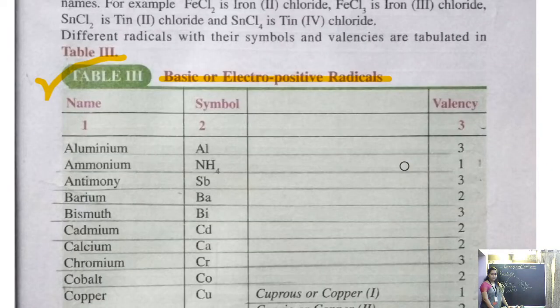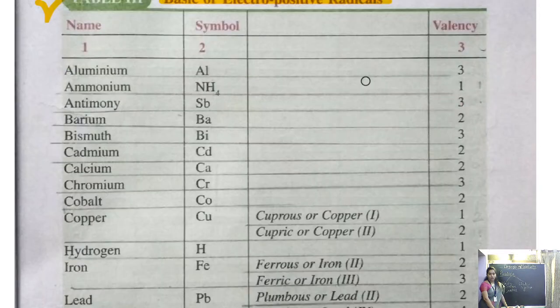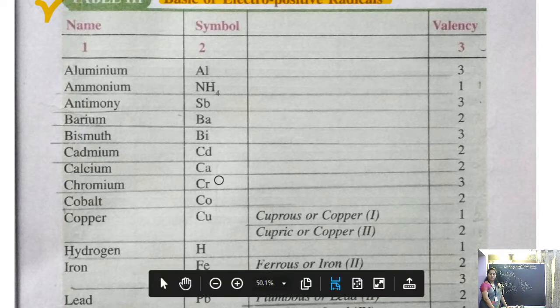Here you have an electropositive radical, which has a positive charge. Like aluminium has charge +3. Ammonium has charge 1. Antimony or Sb has charge +3. These are the valencies and these are the charges over it. Like copper has 2 and 3.